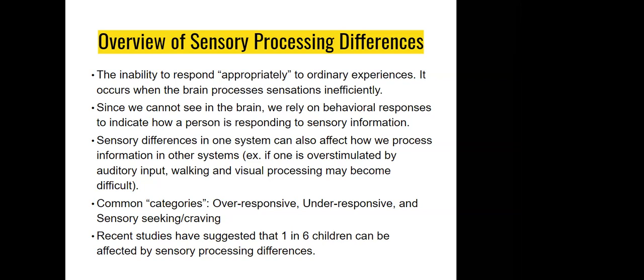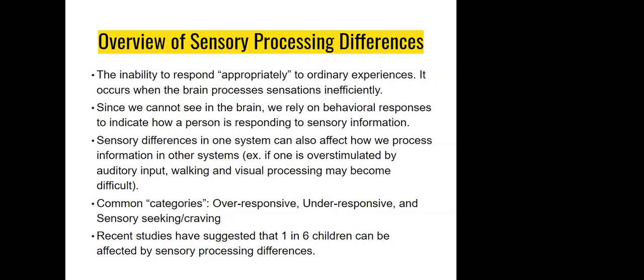Our brain doesn't process those sensations like maybe others typically do, whether it's lighting in the room that's overstimulating or noises, crowds, things like that. And it is a hidden piece because we can't see in that brain and how those sensory channels are working. So that's when we rely on behavior responses to indicate how a person is responding to that information.